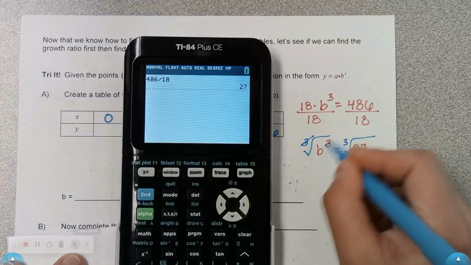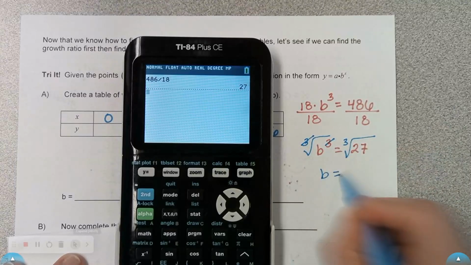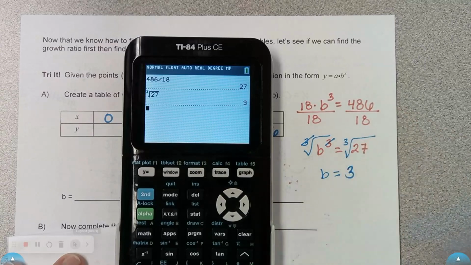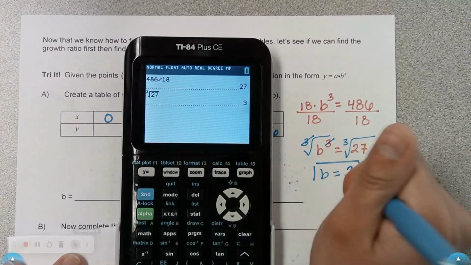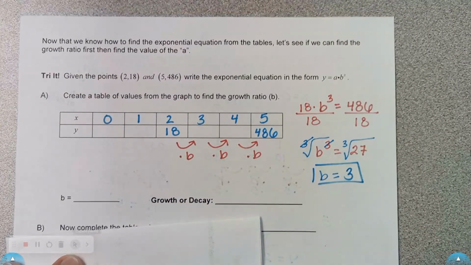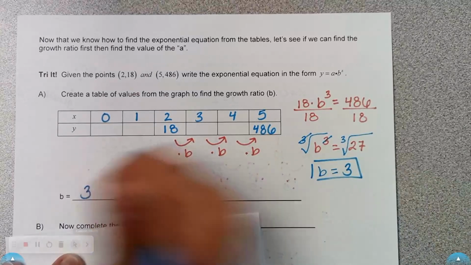This 3 cancels with this 3, so I'm left with b equals, and the third root of 27 is 3. So on the line where it says b equals, I'm going to write 3.